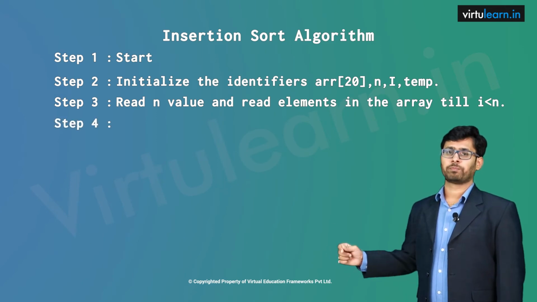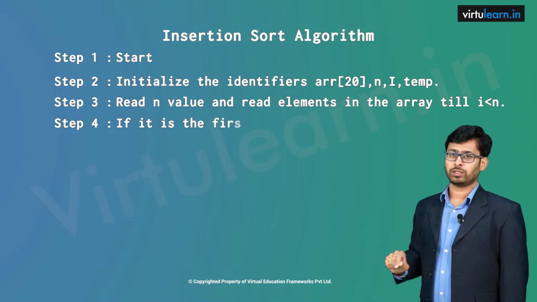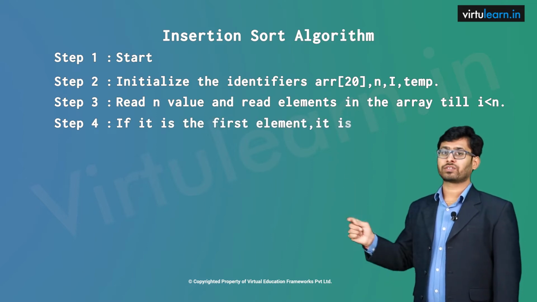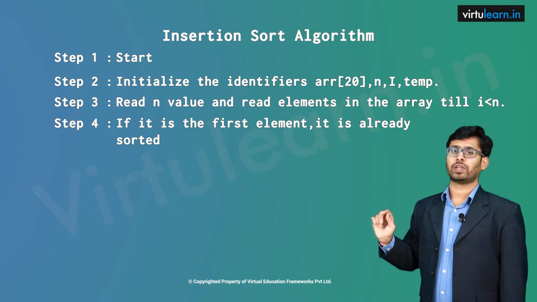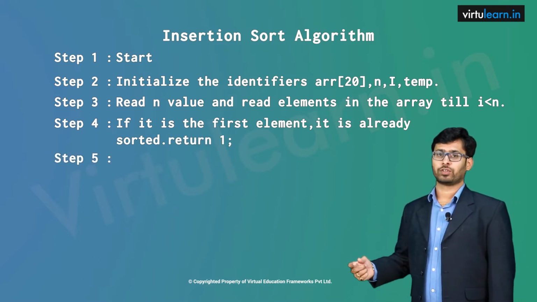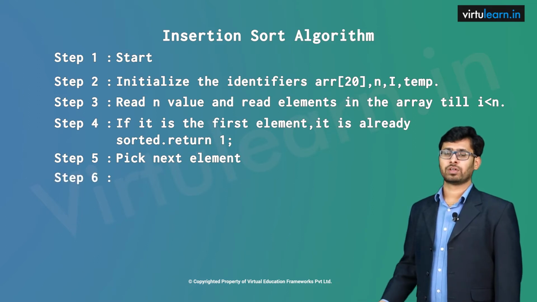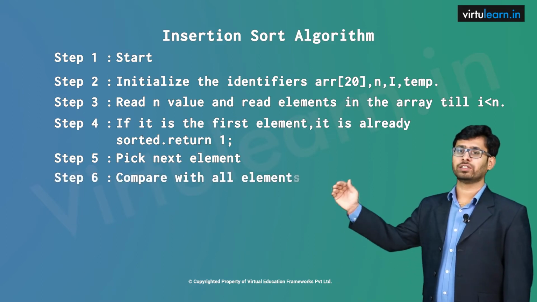Next, step 4, if it is the first element, it is already sorted, so we return 1. Step 5, pick the next element. Step 6, compare with all elements in the sorted sublist.